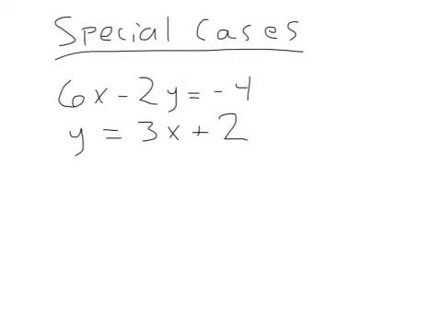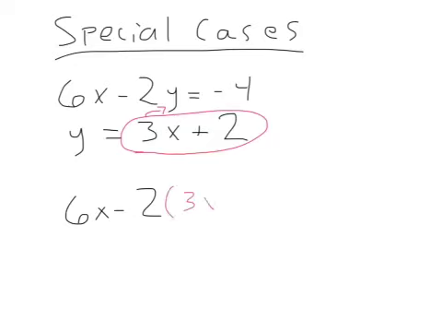Now I just want to plug my whole y value into this y in the first equation. So I'll get 6x minus 2 times 3x plus 2. Remember, I'm just plugging in what I know y equals for y up here. So 3x plus 2 equals negative 4.